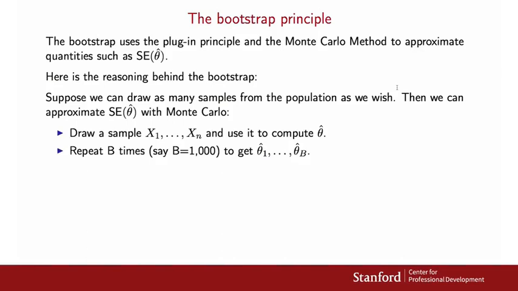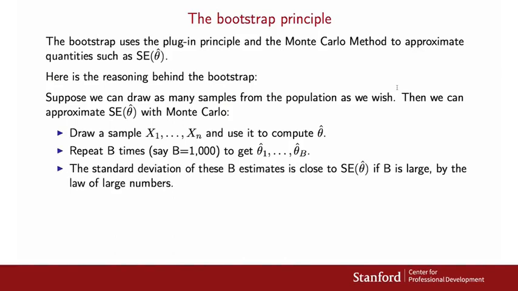If I can sample as many times as I wish, then I can repeat this process many times, let's say 1,000 times, and I get 1,000 copies of my estimator. We saw earlier when we discussed Monte Carlo that the standard deviation of these 1,000 estimates is close to the standard error of my estimator, and that's simply because of the law of large numbers.